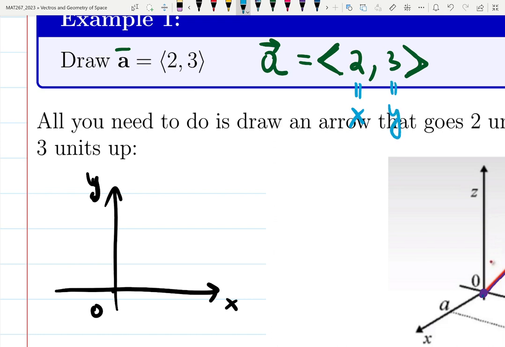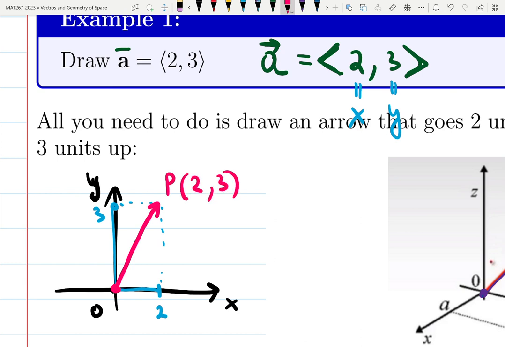I will move 2 points to the right for X and 3 points up for Y. That means I'm pointing 2 units to the right and 3 units up. So I see it like this. The vector will be from 0, 0 to this point, and the point will be P, parenthesis, 2, 3.